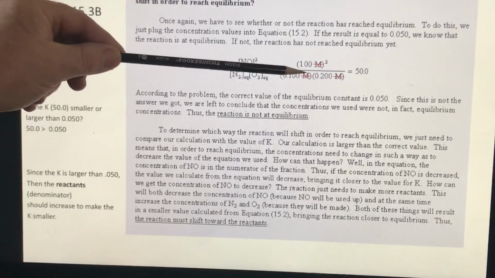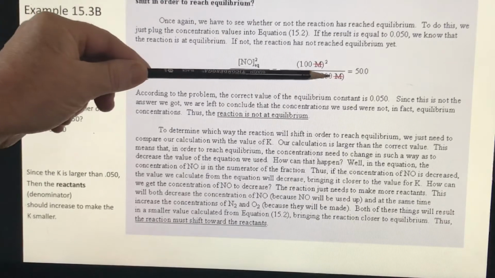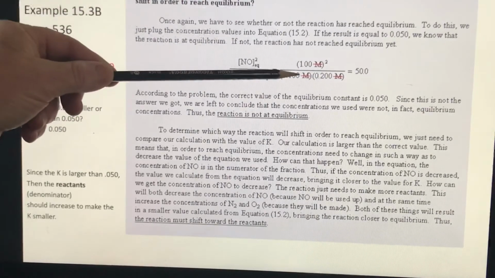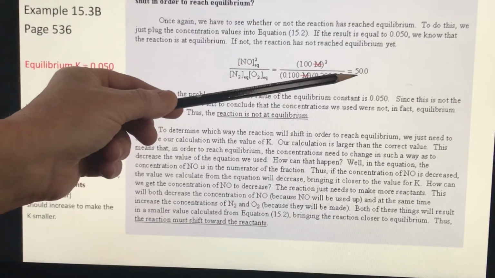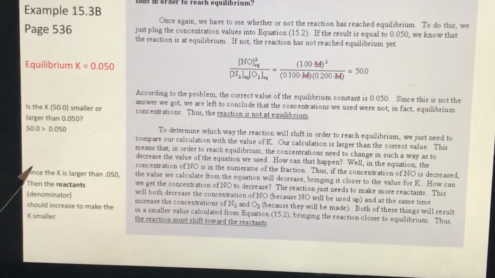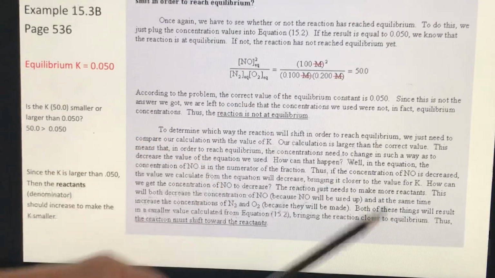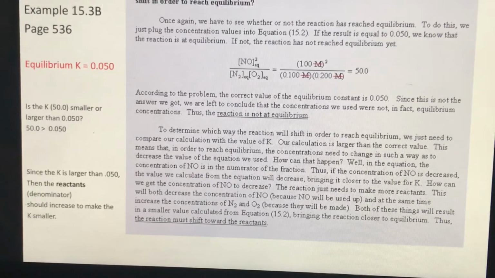Well, if the denominator, which represents the reactants, is increased, then this value would go down. So since the K is larger than 0.05, the reactants, which is the denominator, should increase to make the K smaller, and that would bring the situation closer to equilibrium. So the reaction must shift toward the reactants.